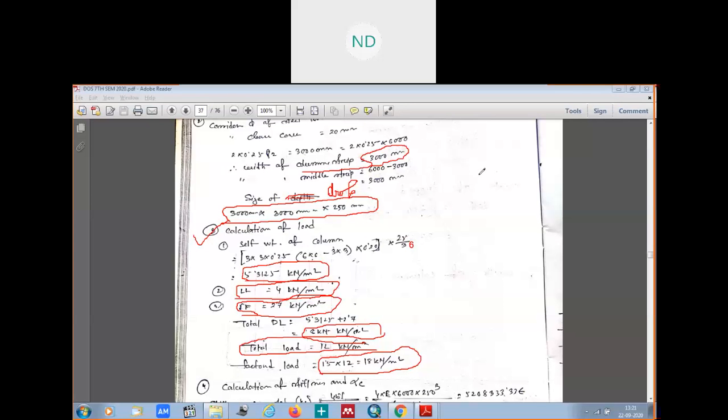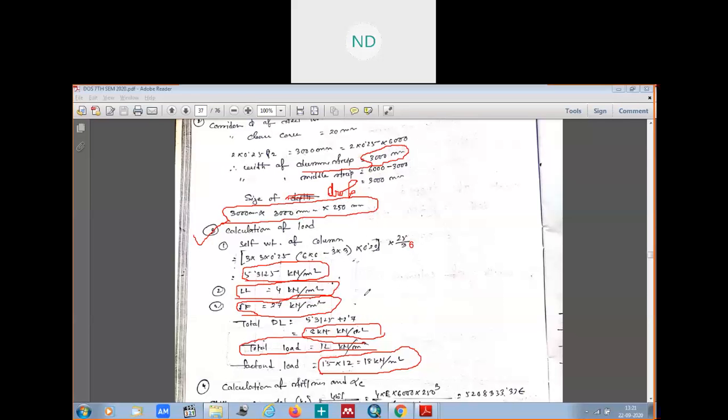When you have a column strip around the column, then that much size of drop is given on the column. So that's why we have to calculate the column strip width and the middle strip width, such that we know the size of the drop. With the help of the size of the drop, the load calculations can be done.